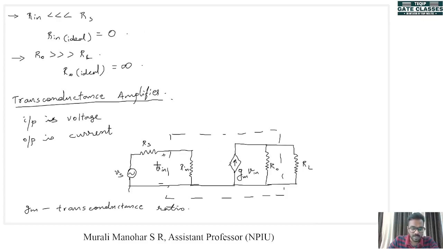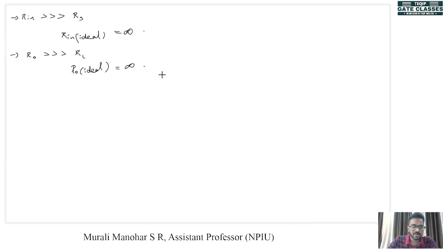That you can see from here. Most of the input voltage should fall on Rin, so Rin must be a very high value compared to Rs, and most of the output current should flow into RL. That means R out should be a very large value. So these two are very high, Rin and R out.